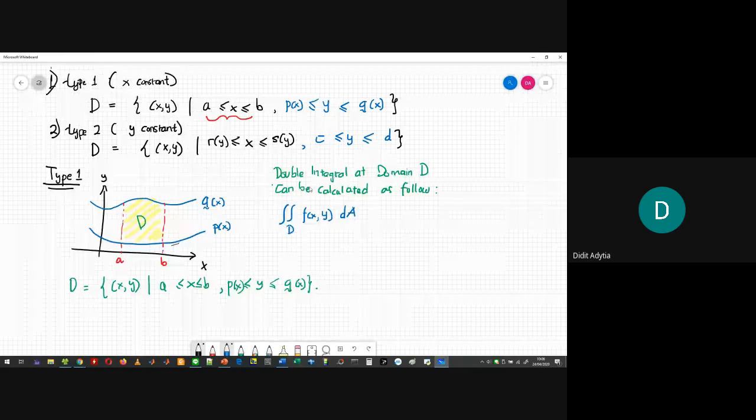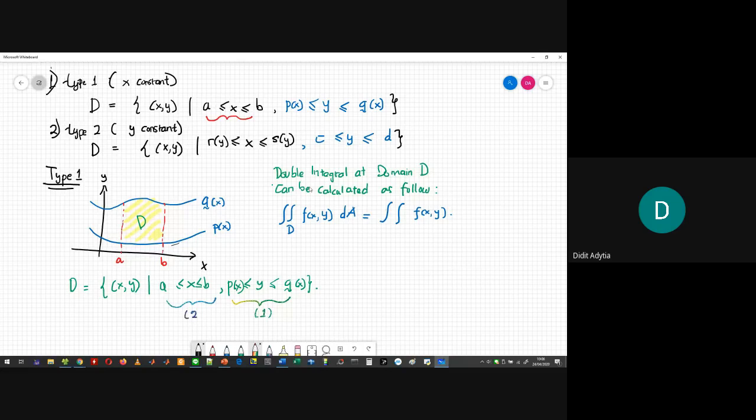And this one is kira-kira apa dulu? Terhadap apa dulu, baru kemudian apa? And this one is F(x, y), and terhadap sesuatu yang tidak konstan dulu. Okay, this one. So we will calculate it first with respect to y and the other one with respect to x.